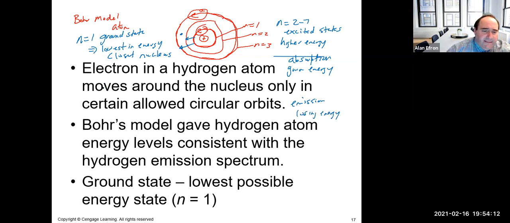And that makes sense. If I have an electron at a higher energy level coming back down to a lower energy level, it needs to emit that energy. The only way to go from higher energy to lower energy is to give off the energy. Vice versa, if my electron was coming in this direction, like I drew earlier, it needs to gain energy as it goes this way, which would be an absorption process, where it's absorbing energy.